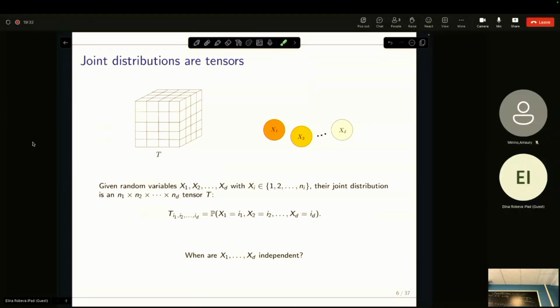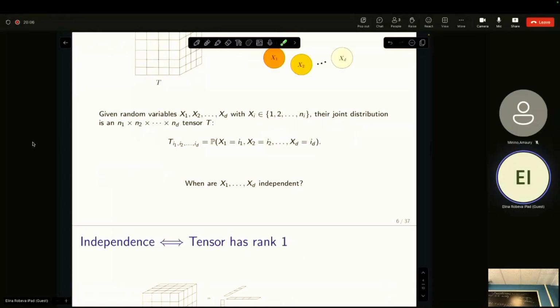Student: I would want to multiply them together since they're independent, so the effect should be to just take the product of each individual probability. Yeah, so this thing is a product, right? But what does it mean for the tensor? It means it's a rank 1 tensor. That's right. So the tensor will be rank 1. Sorry if somebody else said it earlier, I just can't hear everyone.